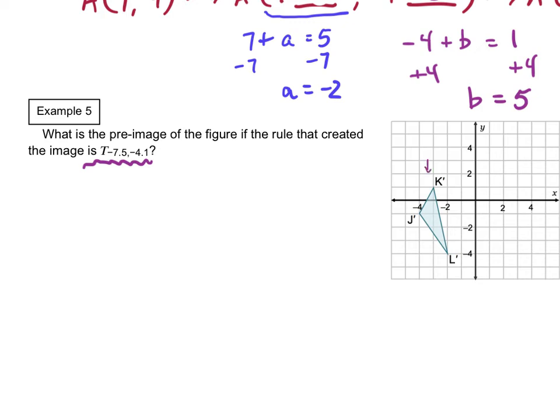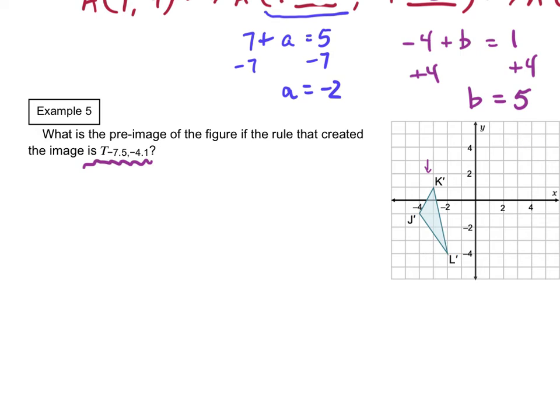This is the new location, and my translation moved -7.5 to get here. So in order to reverse that, I'd have to go this way 7.5. And if I moved down 4.1, I would have to move up 4.1.